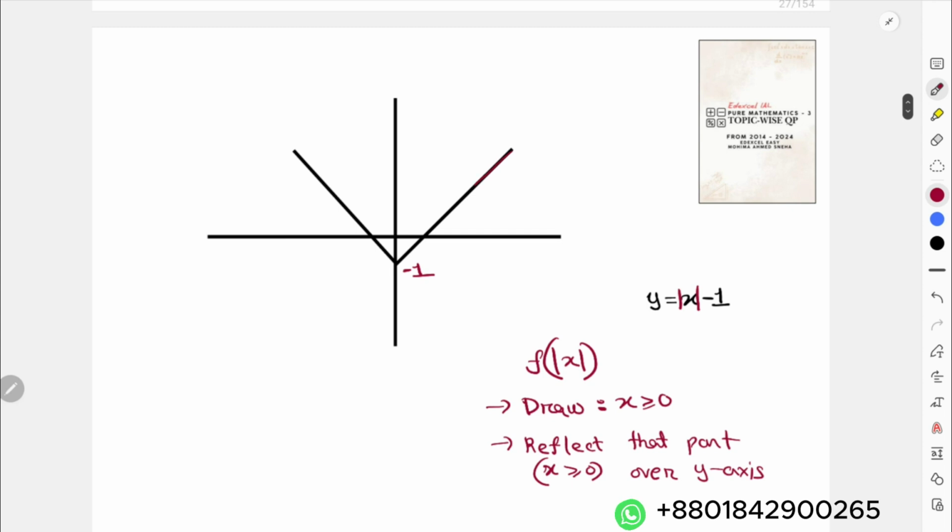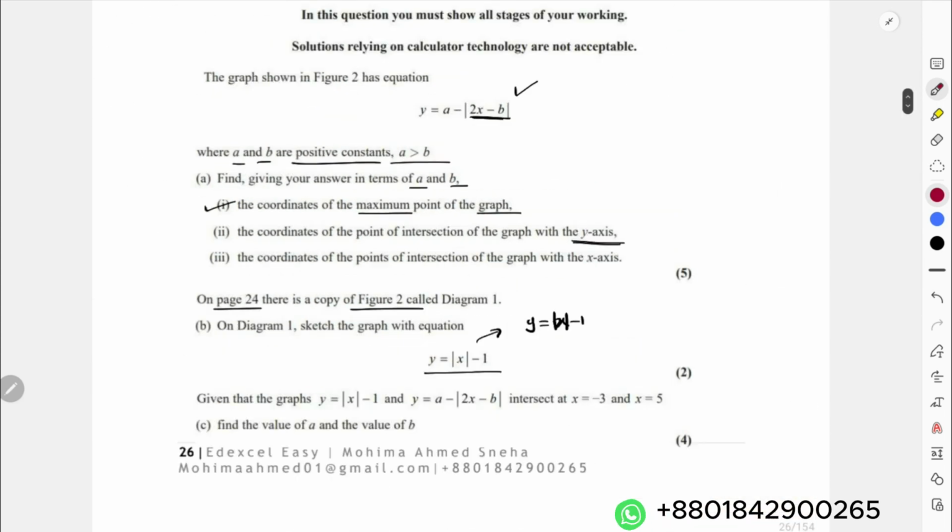Originally I only drew this part of the graph, right? That was your graph for representing y equals x minus 1, and then I reflected this part over the y-axis. That's why reflecting this part over the y-axis created this image. So you're going to draw this kind of V onto this shape.